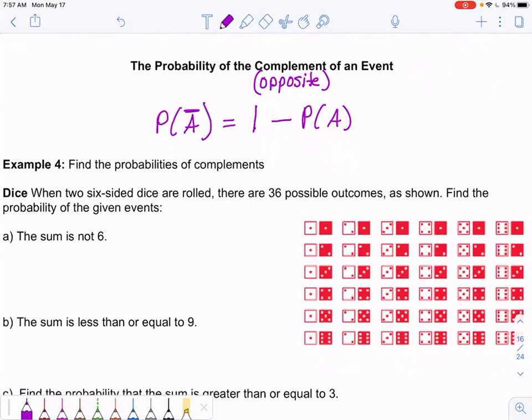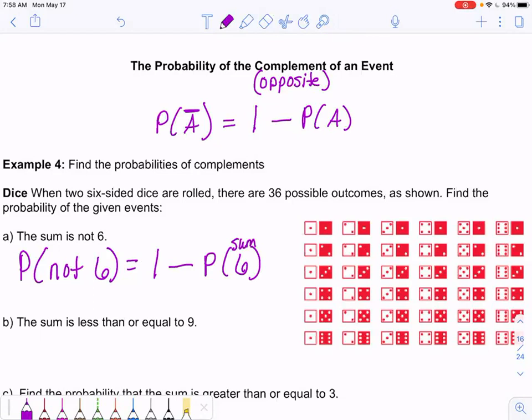This says we want to find the probability that the sum is not 6. So our goal is to find the probability that the sum is not 6. The easiest way to do this problem is to take 1 minus the probability that you get a sum of 6.